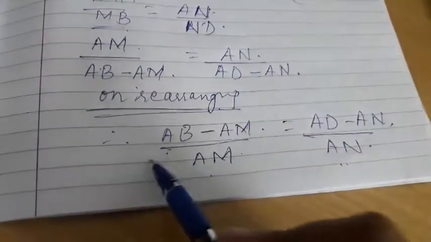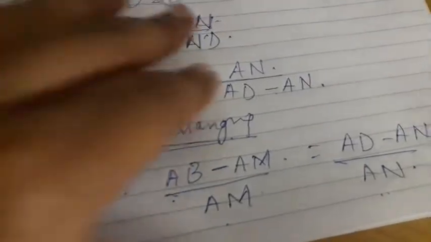Okay. Now I will separate the terms. When I separate the terms, I will get AB upon AM minus AM upon AM.